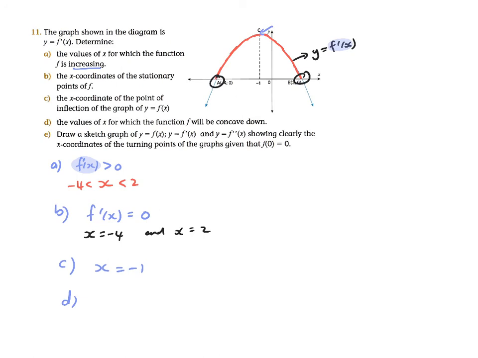So question D. The values of x for which the original function f will be concave down. The only thing we need to consider here is just to check the slope of the derivative function. Don't overcomplicate this. I love parabolas. What goes up will hopefully come down. So there are two different slopes. The blue part there is where the slope is positive.